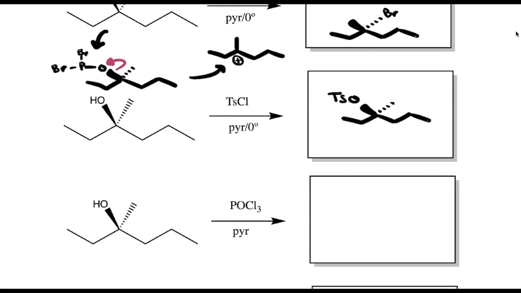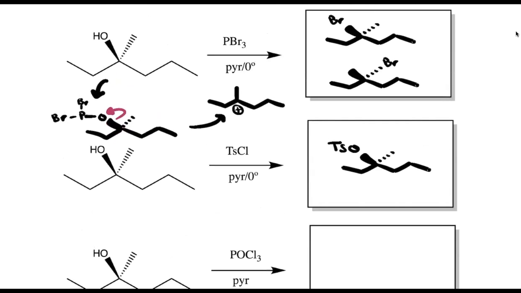Juan, for the first one, are you sure that you get two products? Because I seem to recall that you always just get the inverted product. That's if you do an SN2. You know when you're doing an SN2 and when you're not. So remember, whenever you form a stable carbocation, you end up doing an SN1. SN2 doesn't want to occur if your substrate is too hindered. So if it was on a secondary carbon, then it would invert only.